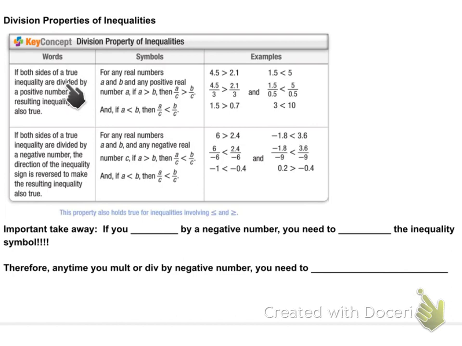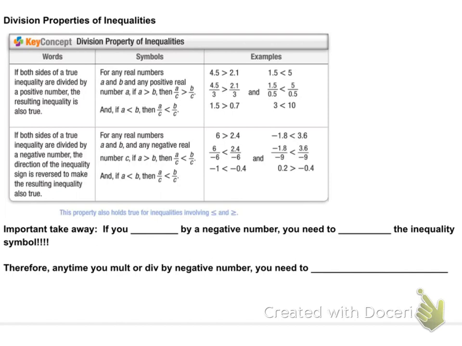The first level says that if you divide both sides of a true inequality by a positive number, you leave everything alone, you just divide it out, solve it. Still true. But in the second layer, if you divide both sides by a negative, to make it true, you have to reverse the inequality symbol.